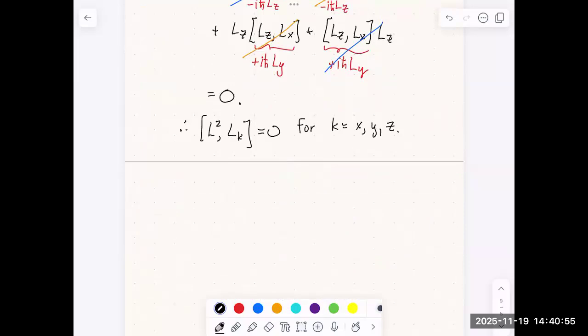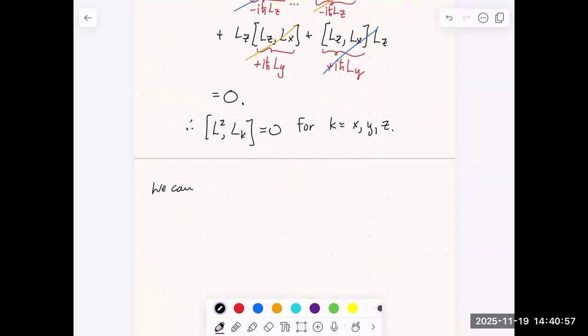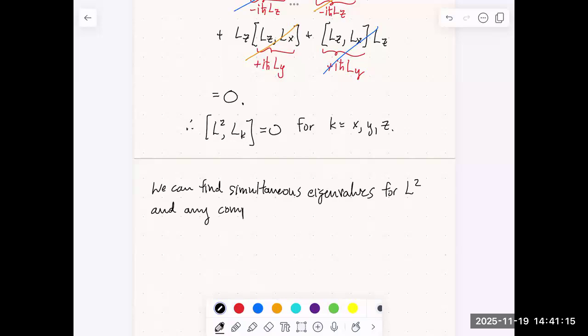Okay, so we can find simultaneous eigenvalues for L squared and any component of the angular momentum.